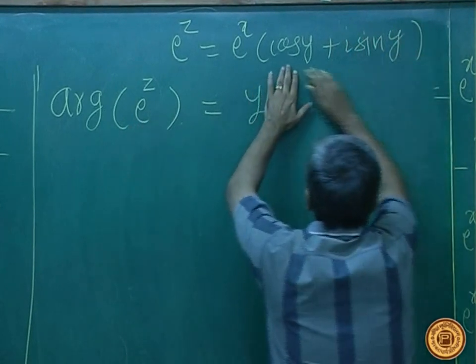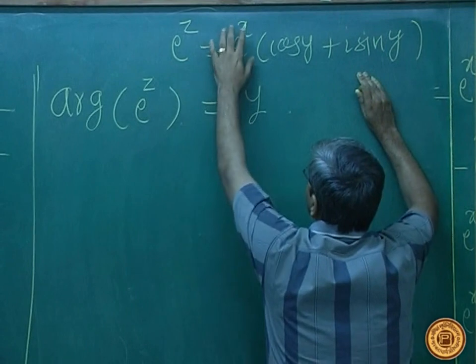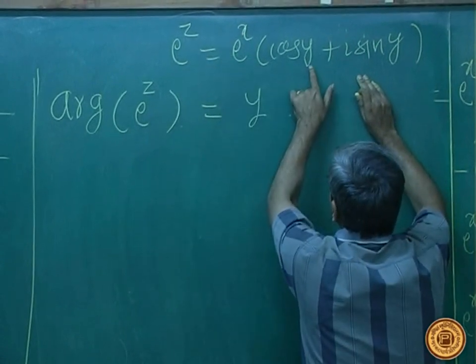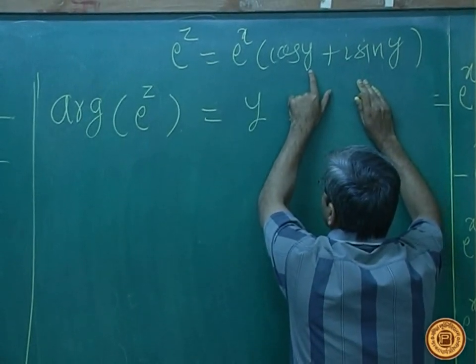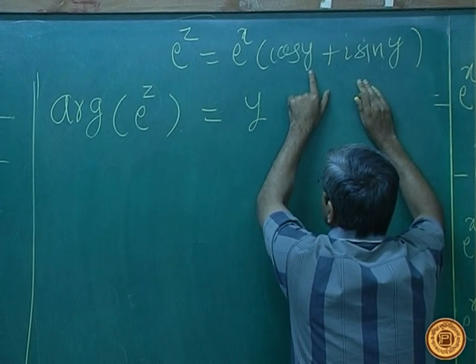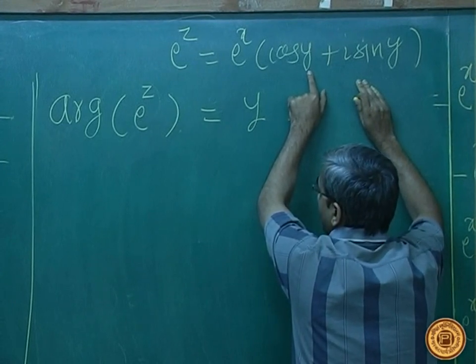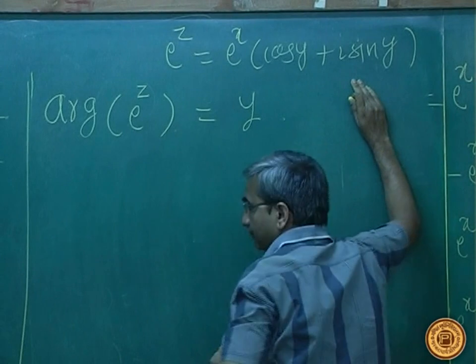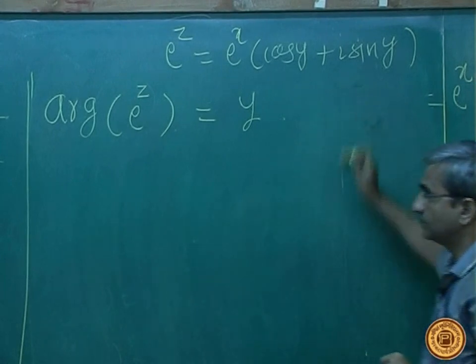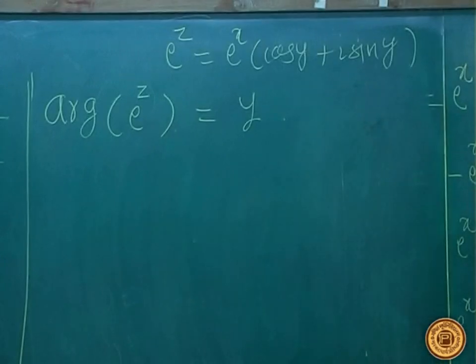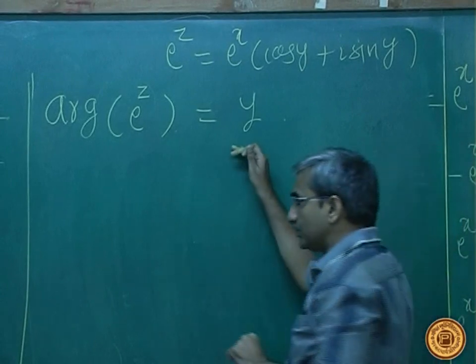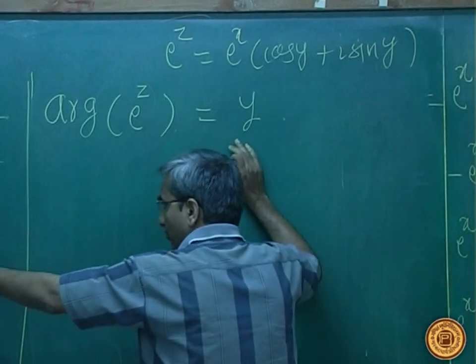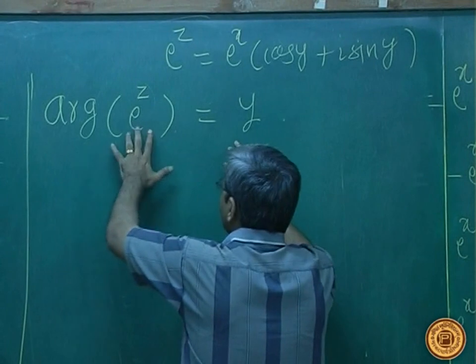So this is exactly the polar form of e to the power z. So this is the modulus and this is the argument. This is the argument of e to the power z. So is this clear that this is the argument? So modulus of e to the power z is e to the power x and argument of e to the power z is y.